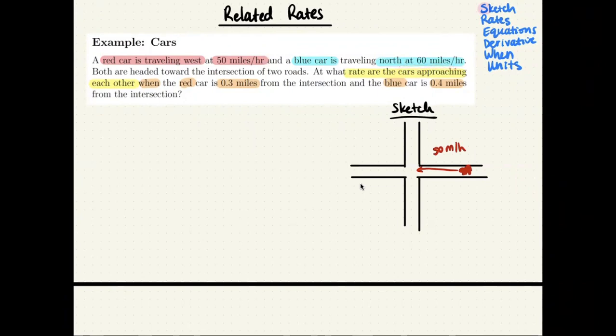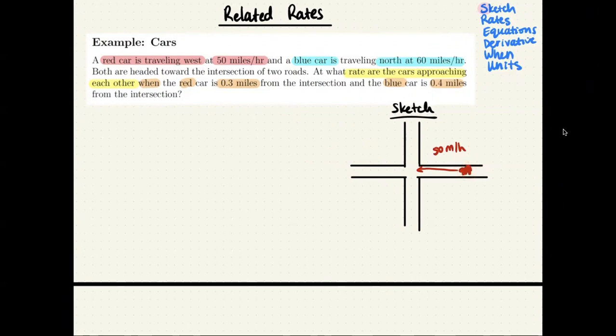Maybe it was a little confusing. How do I know the red car is over here? Why isn't it over here? Well, I know it's over there because it's going west, like we're told, and towards the intersection. If I had drawn a little car over here going west, it'd be going away from the intersection. And if I had drawn it over here, it'd be going off the road, right? Okay, so I know it's over there.